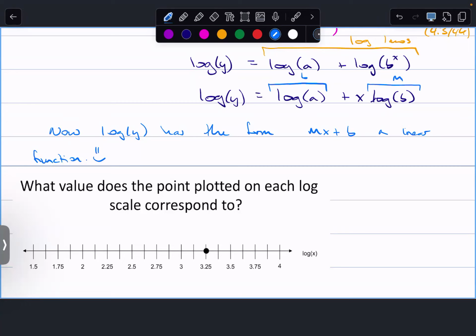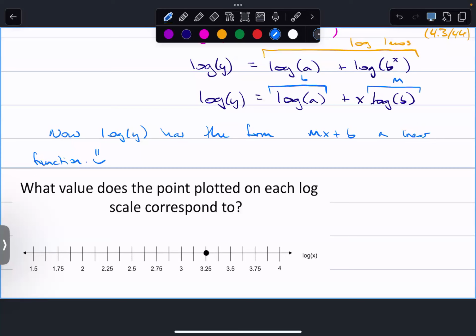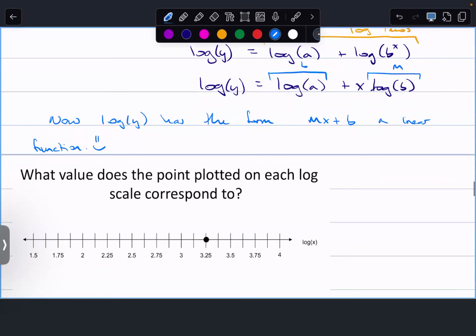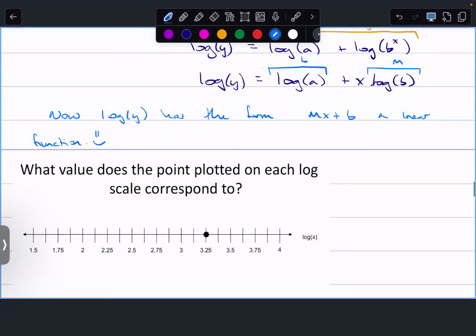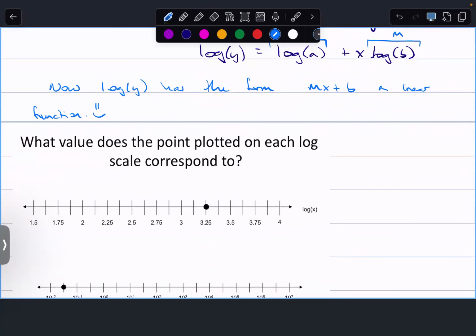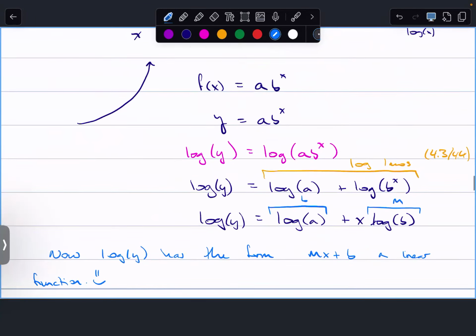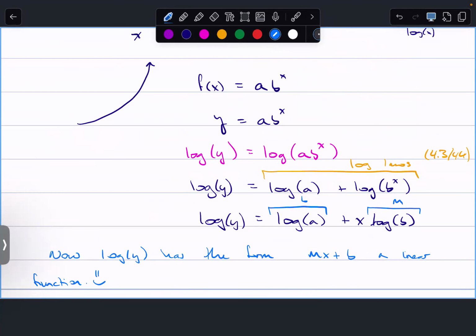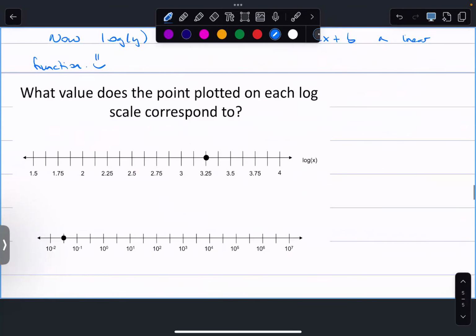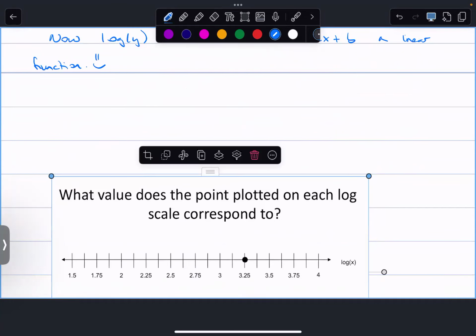But that's why I use the graph paper, I think, so you don't have to worry about those interpretations anymore. Any questions about that one?